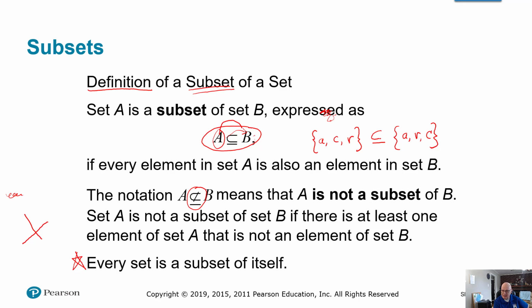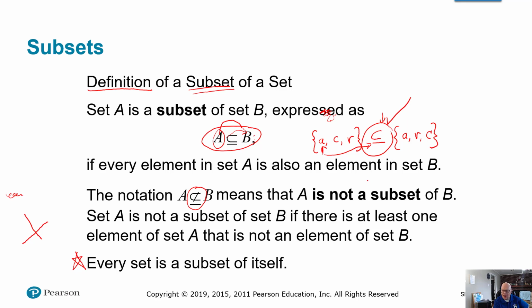Remember, equal sets, they have the same things. The order doesn't mean a thing. The important thing is for this subset to be true, anything you see in here, you have to be able to find over there. A is here, it's over there. C is here, it's over there. R is here, R is over there. Good. Checks out.